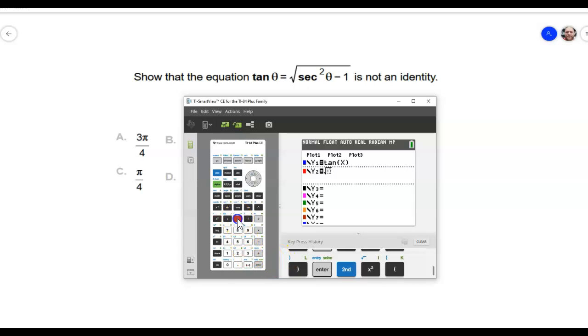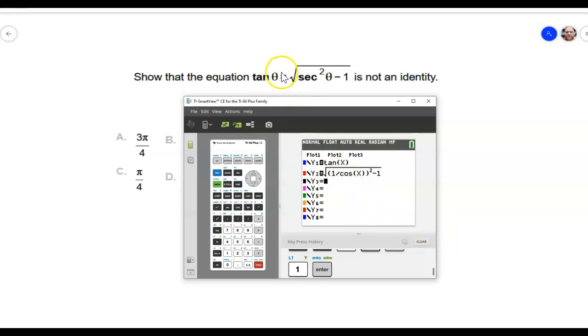I'm going to do, in parentheses, 1 divided by cosine of x, and then close parentheses, squared. Make sure you do that double parenthesis. You need one parenthesis for the x, and the other to close the 1 over cosine, and that takes care of secant squared of theta. Then you have the minus 1, like this. So that will be our other one.